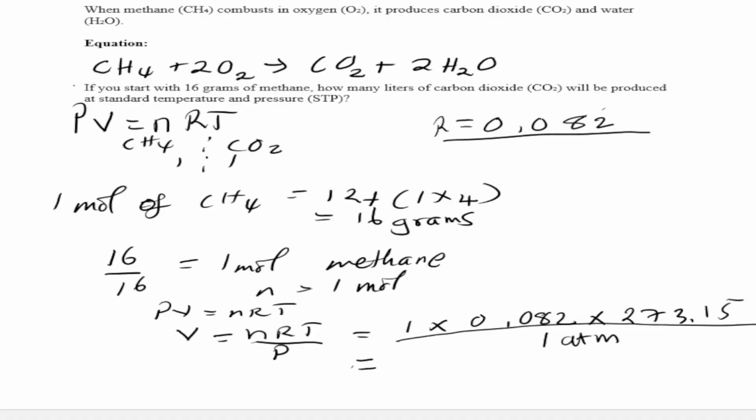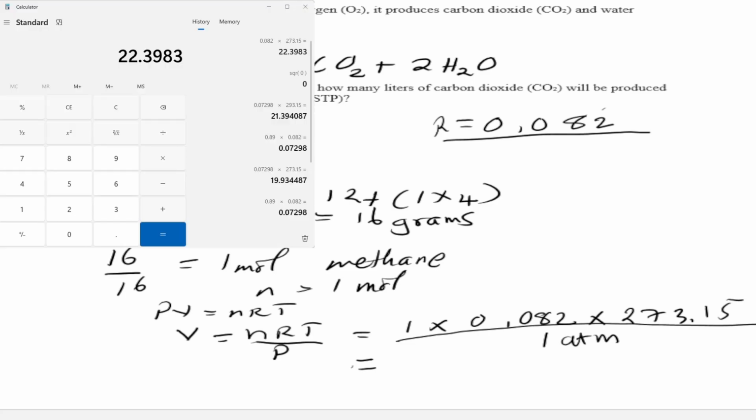Okay, calculator. So it's 1 times 0.082 times 273.15.